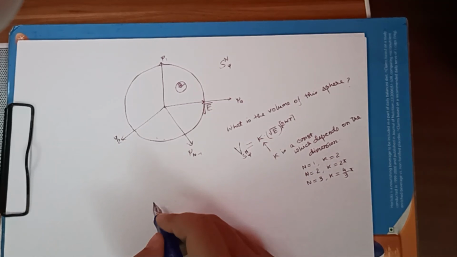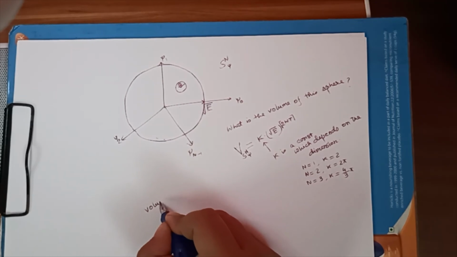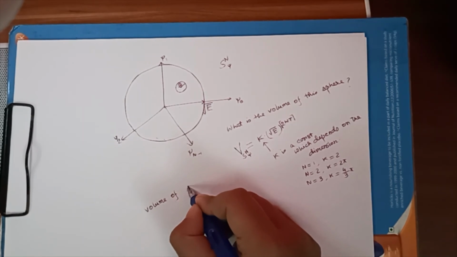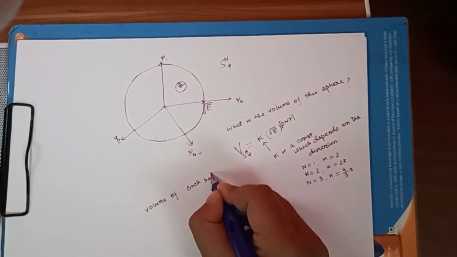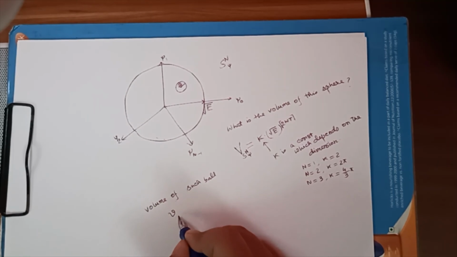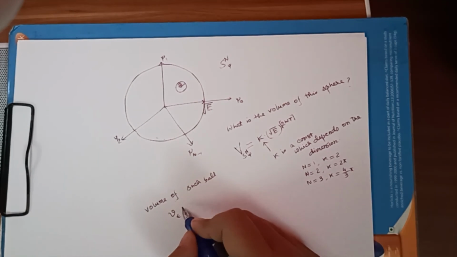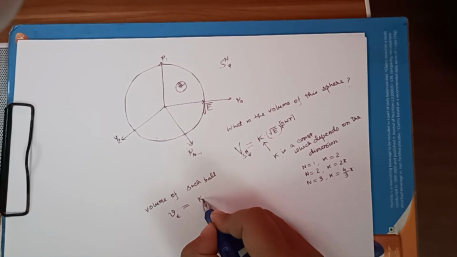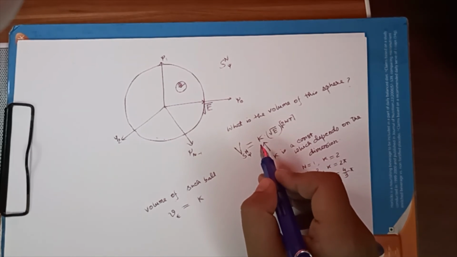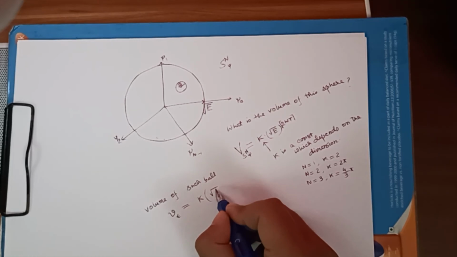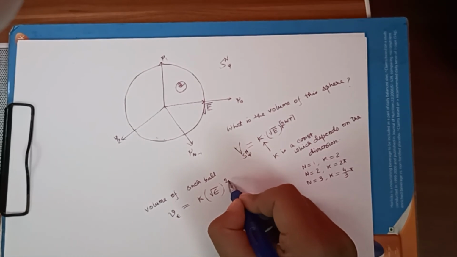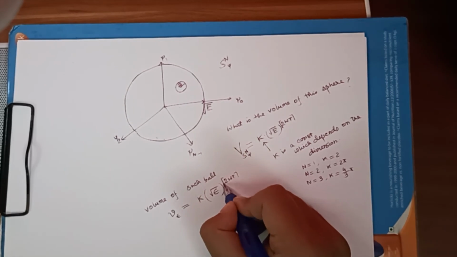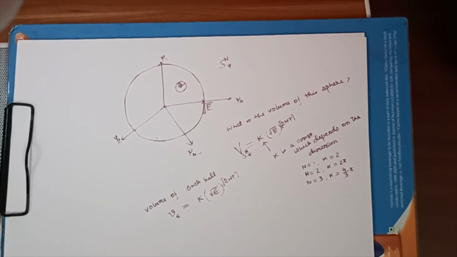So what is the volume of that ball? So this is say V epsilon or something like that. This is equal to the same constant k, which is a constant for the dimension, into root epsilon to the power 2WT ceiling. That is the volume. Now I ask you the question, how many signals are possible?